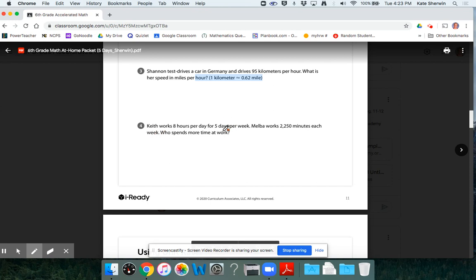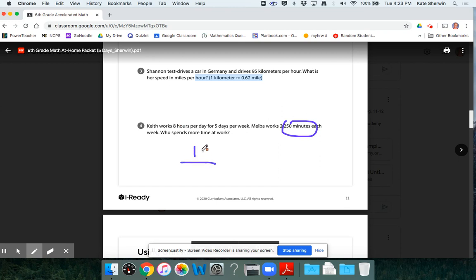Let's assume that it is for this problem. They both are doing 5-day work weeks. We're going to have to figure out, is 2,250 minutes less than, equal to, or greater than 8 hours? So to figure that out, you would take the total number of minutes, 2,250, and divide it by 60, because there are 60 minutes in 1 hour.